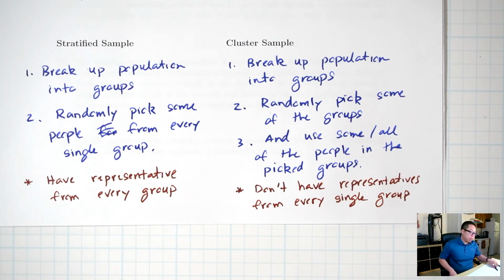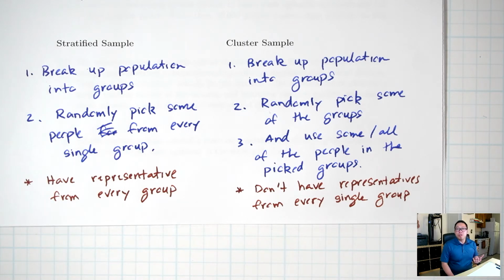So for example, if I wanted to do a survey about the types of cars that students drive at CRC, CRC has a bunch of parking lots. And so I don't really expect there to be differences between those parking lots. So say there's 5 parking lots.